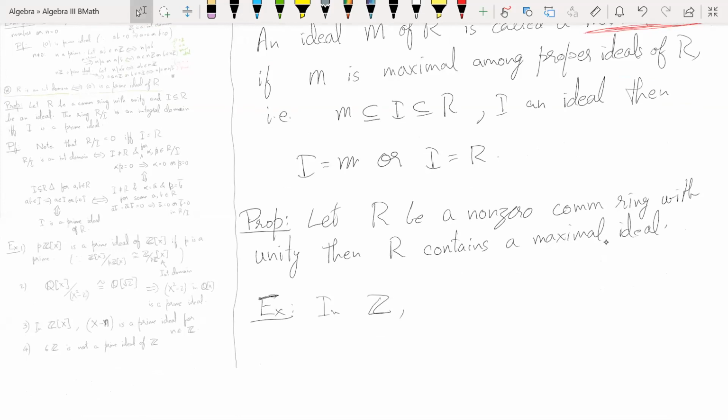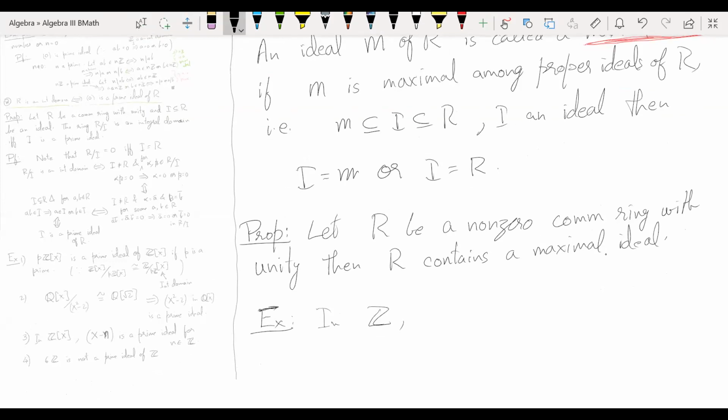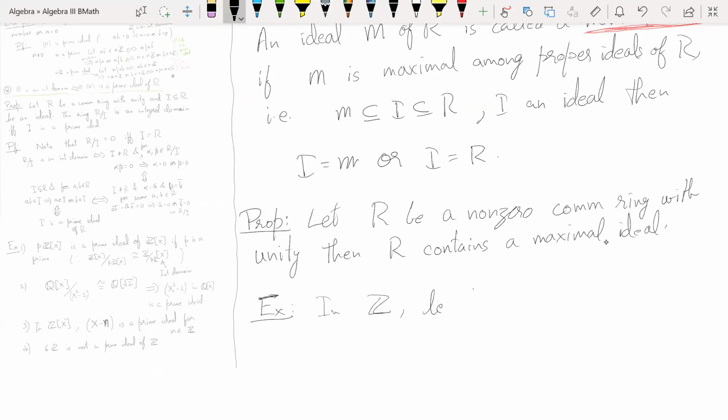Let p be a prime number. Then pZ is a maximal ideal of Z.